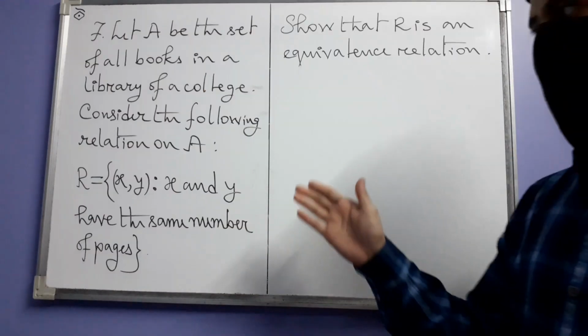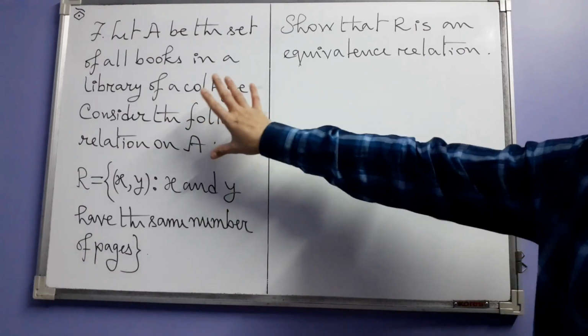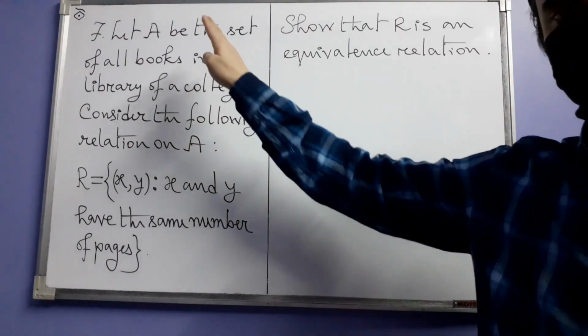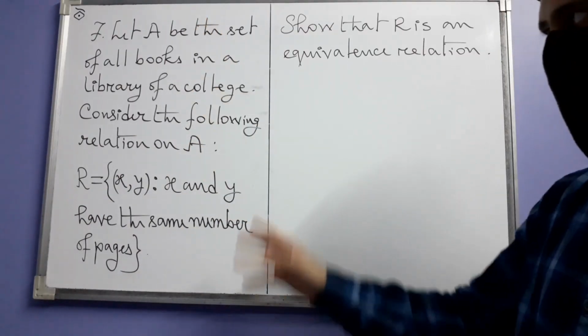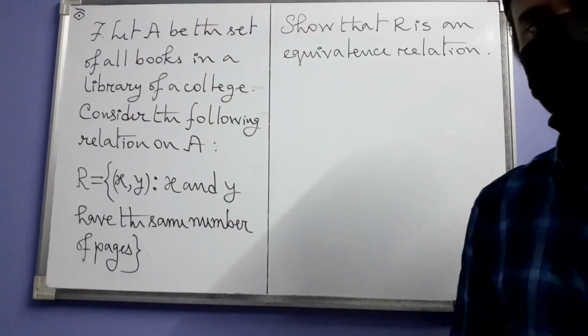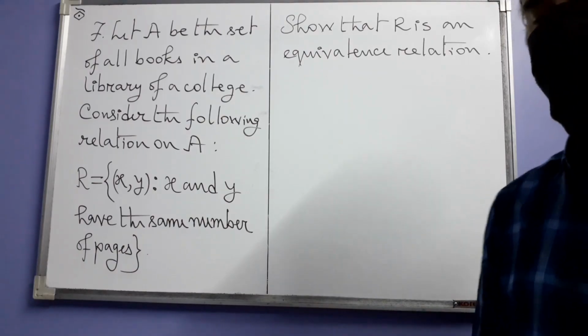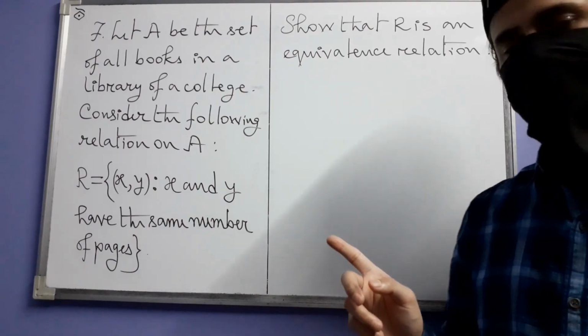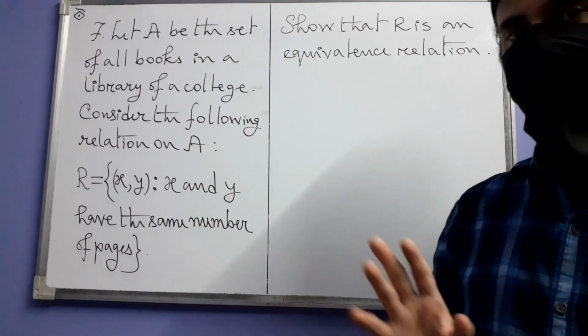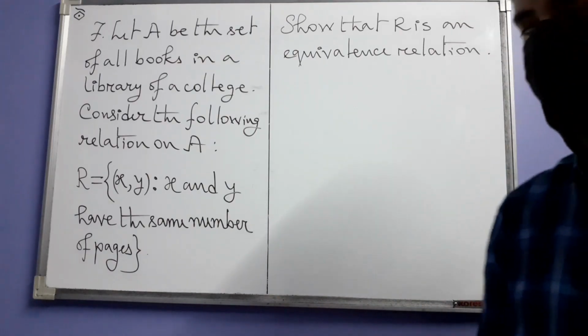Next. In this 7th one, you won't really see exactly these wordings. I have changed the wordings slightly to make it more comprehensible. Let A be the set of all books in some library of a college.